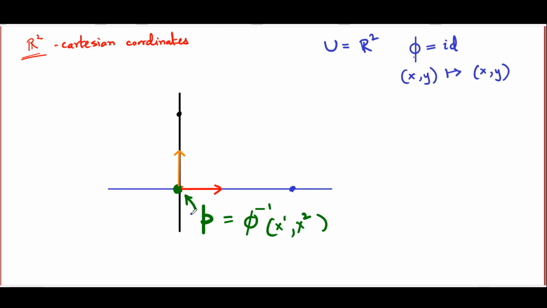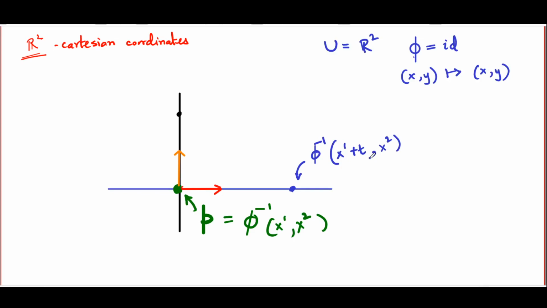Notice that in this case, the point with coordinates x1, x2 and the point (x1, x2) happen to be identical, but that's of course because we are using this special set of coordinates. Now, in order to figure out the first coordinate curve here, what I need to do is to see how the pre-image of these coordinates is going to change when you change only the first coordinate by t. So let us take a look at this point. This has coordinates of x1 plus some number t and x2 staying the same.